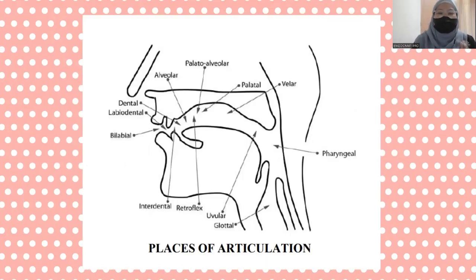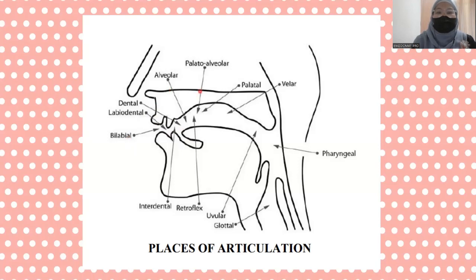For example, dental. Wait, let me highlight. Dental means you have to touch your teeth with your tongue when you produce that sound. Labiodental means you are producing the sound using your lip and your teeth. Bilabial means you are using both your lips.